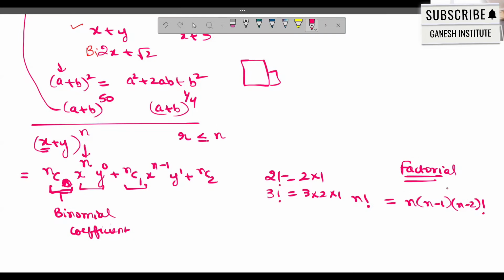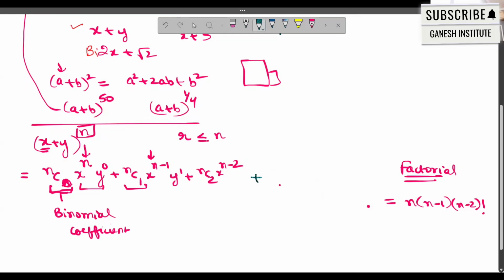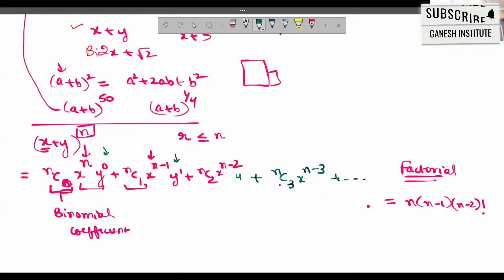You will start with x raised to power n whole, and then you decrease it, n minus 1, then next will be x raised to n minus 2, y raised to 2, and then next will be nC3, x raised to n minus 3, y raised to 3. So we are increasing the value of y: y0, y1, y2, y cube, and so on.